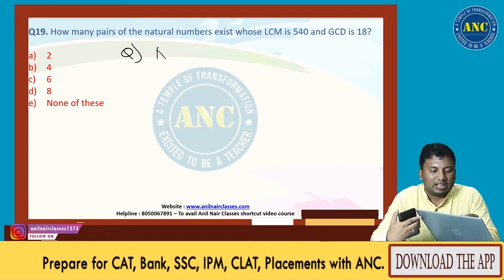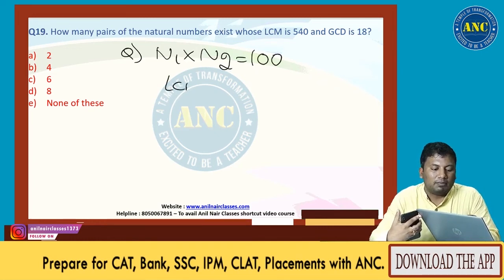If the question is like this: product of two natural numbers equivalent to 100, LCM equivalent to 25, find the HCF.